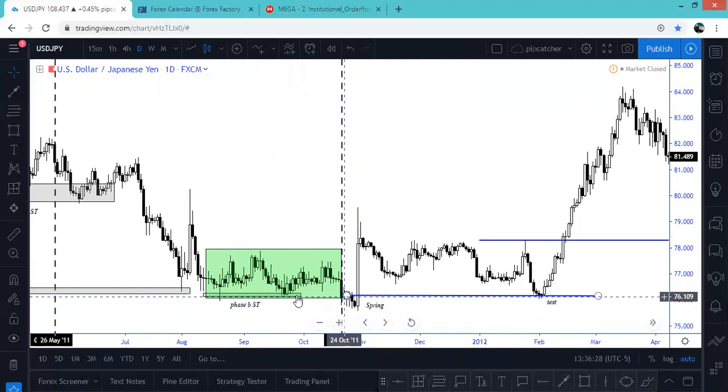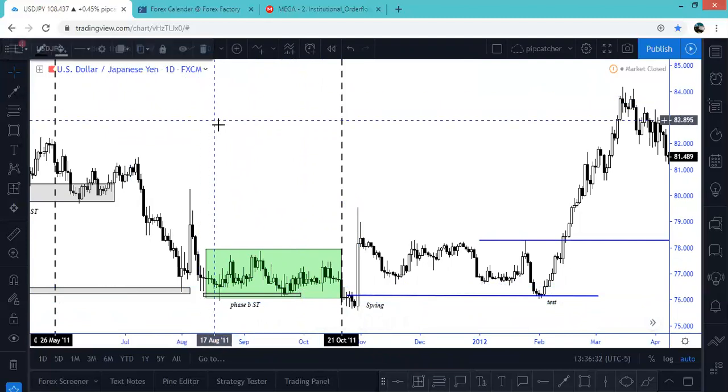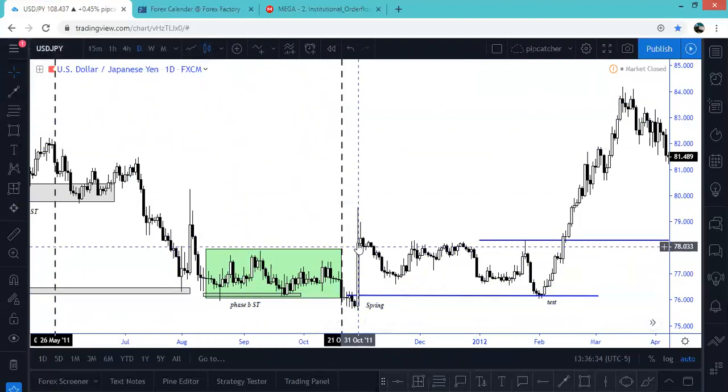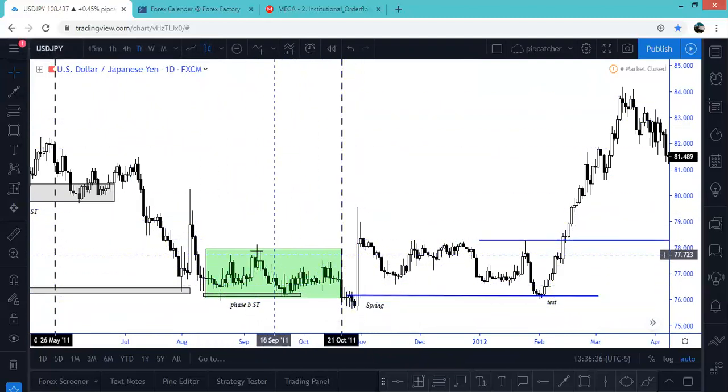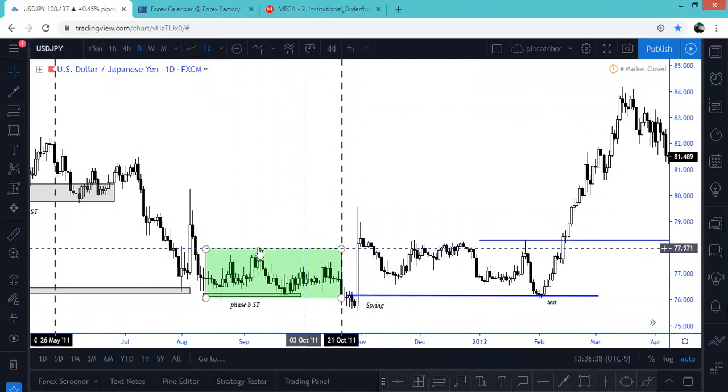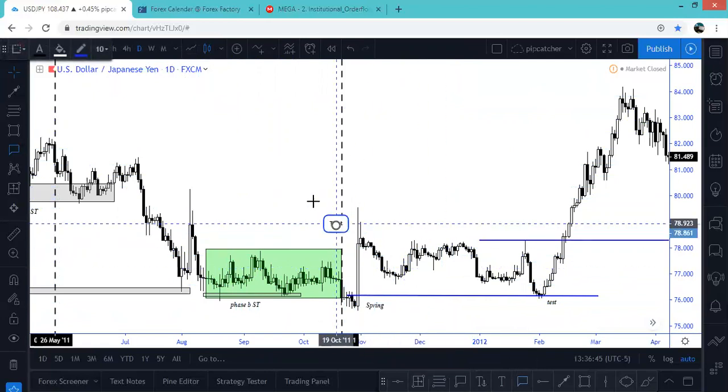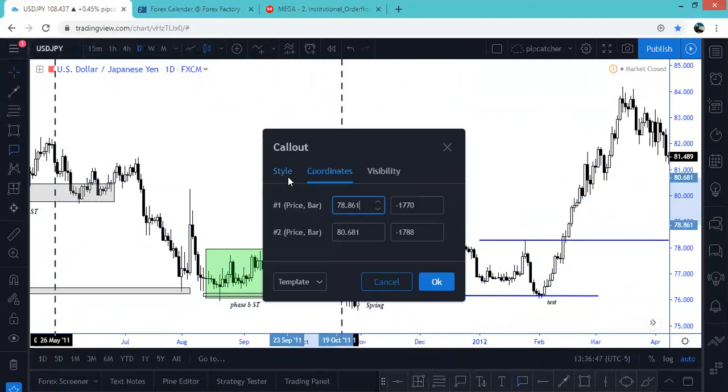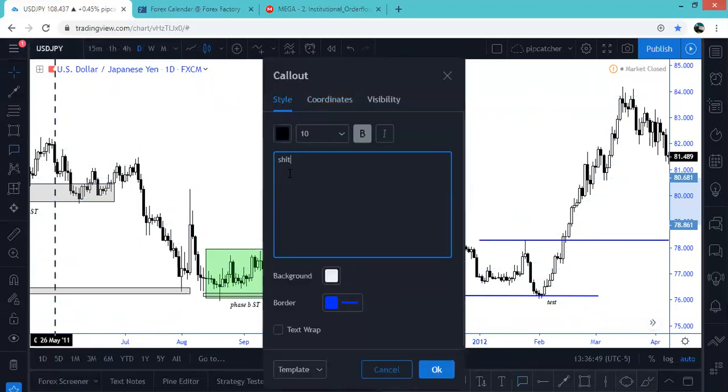We captured liquidity below these equal lows, right? And had an aggressive impulse to the upside, breaking the upside liquidity as well. Maybe giving us a hint that this is a shift in structure, right? Shift in structure.